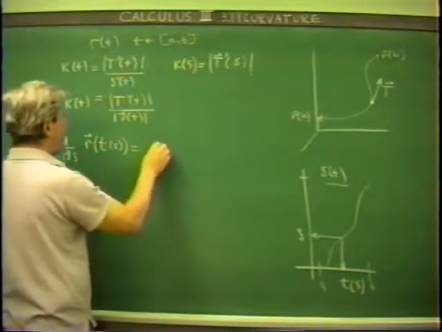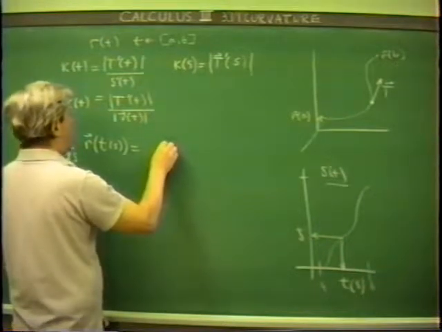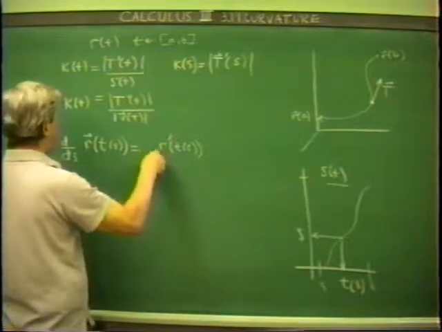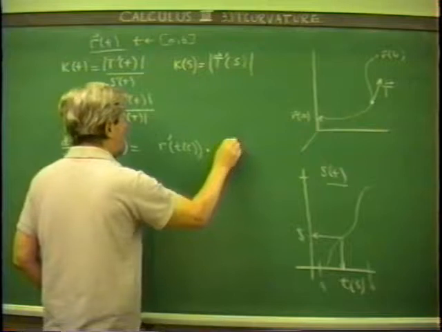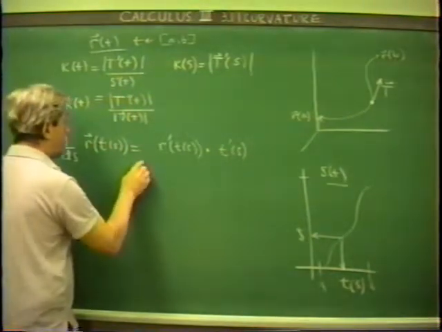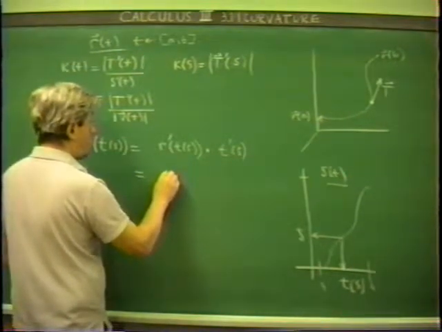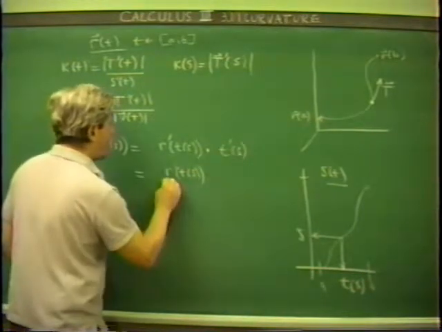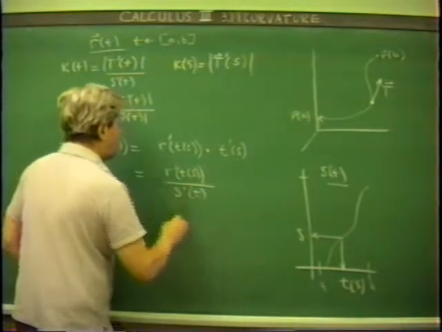To see that, let's take the derivative of this with respect to s. Right? This is going to be equal to the derivative of r at t of s, where this is the derivative now of r of t, times the derivative of t at s, which is equal to the derivative of r at t of s.